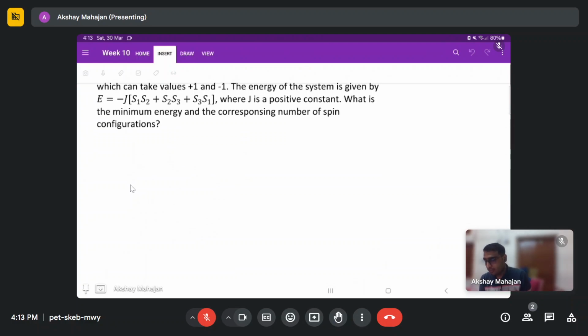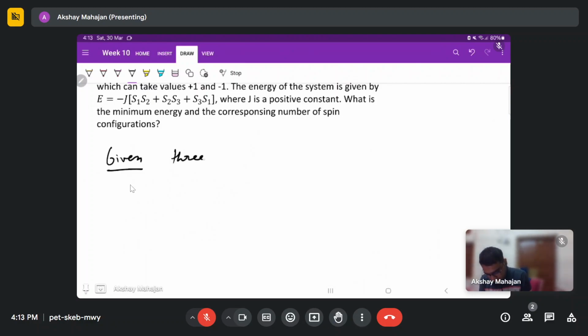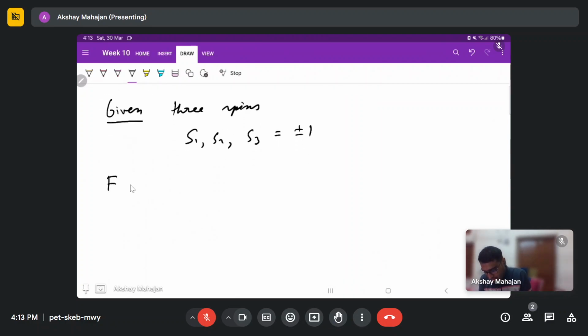So first, what is given to us? We have 3 spins, S1, S2, S3, and all have the values +1 or -1, and the total energy is given by -J (S1 S2 + S2 S3 + S3 S1).